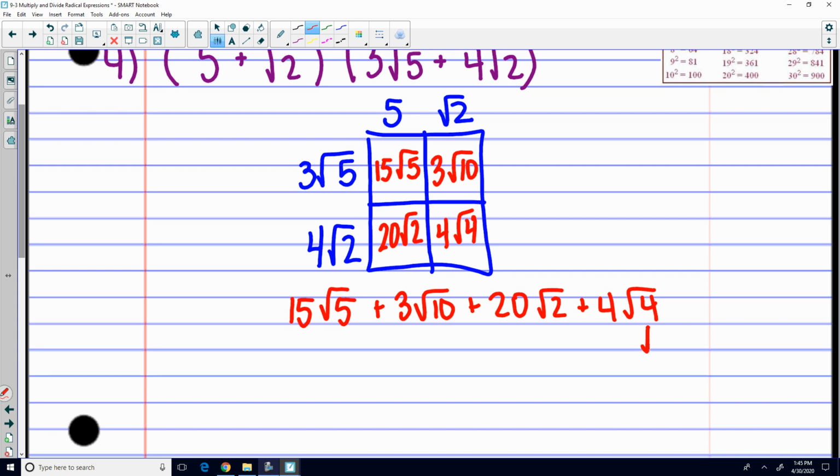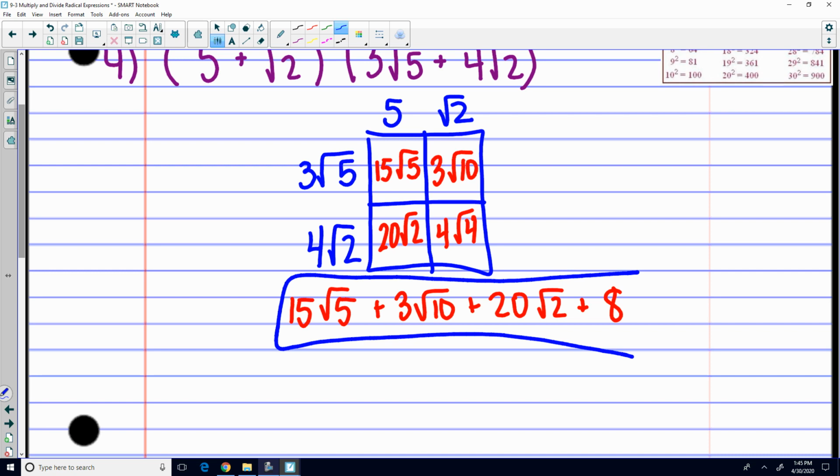So 4 square root of 4, that's actually a 2. So that's gone. I go ahead and multiply that. So that's 8. So my final answer, I'm just going to erase here. This last term turns into an 8. There is your final answer. Now you might get some in your homework that combine, and maybe sometimes you won't. And nothing really combines in this one.